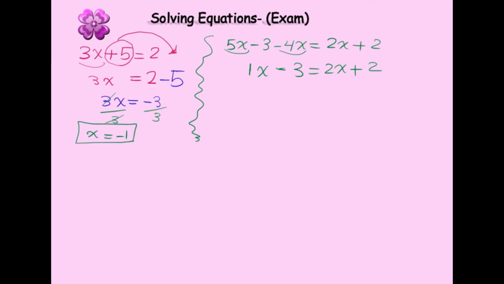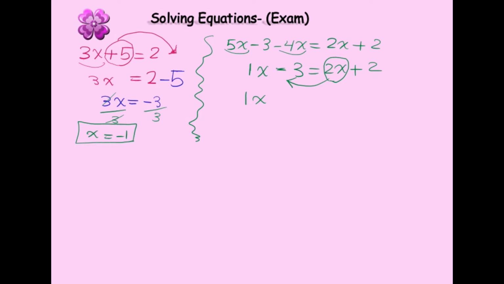Okay. Then the next step, you have to move x's to one side and numbers to the other side. In other words, you are collecting like terms. So first of all, this 2x should move to the left side. When I'm moving here, I have 1x, and as I told you, when you move, the sign will change.